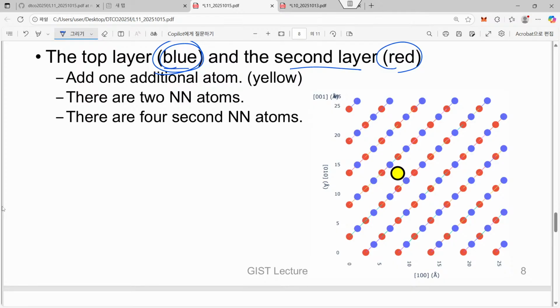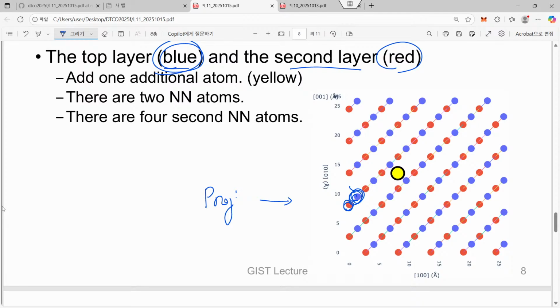Although this graph is obtained just by projection, so the red ones and blue ones are projected along this direction and shown equivalently, please note that the blue ones are found at the top surface, and the red ones are slightly behind or below the blue ones. Red ones are found a little bit deeper in our wafer surface.